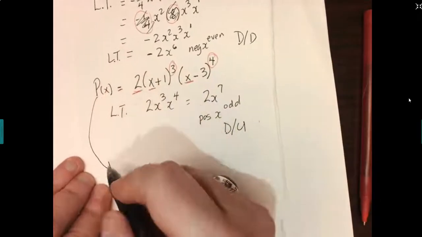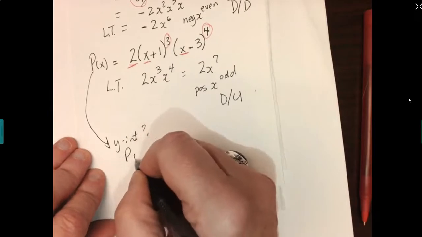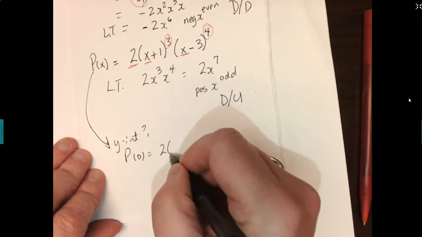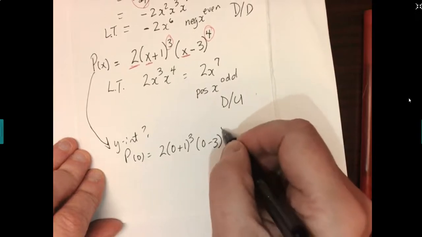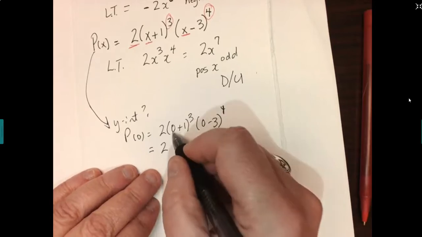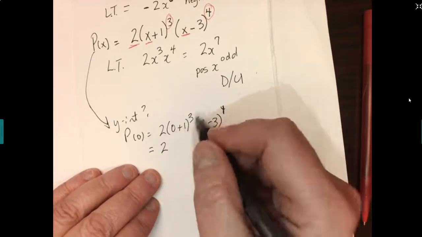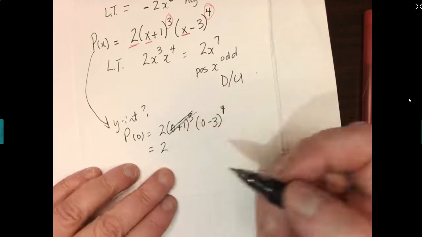And what is the y-intercept? Well, we evaluate p at 0. So I'm going to have 2 times 1 to the 3rd power, which is just the number 1, then times negative 3 to the 4th.